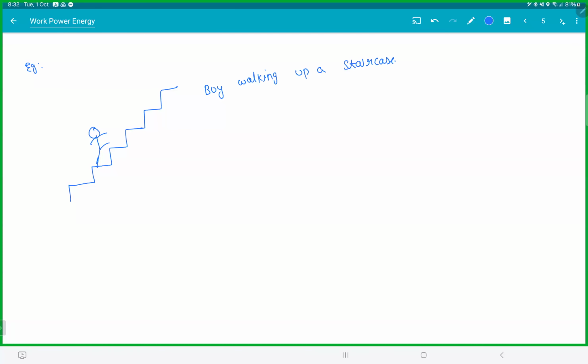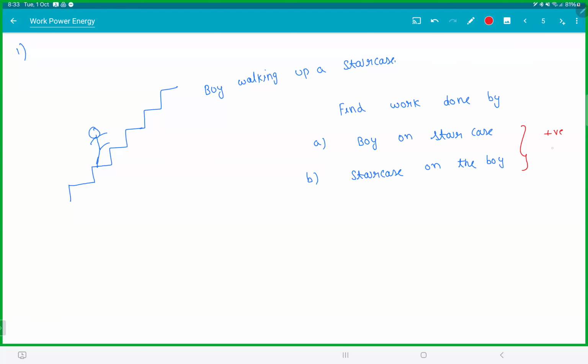So the question is, find the work done by the staircase on the boy. How much work does the staircase do on the boy? I just want positive, negative, 0. I don't want any values. So options will be positive, negative, 0, can't say.